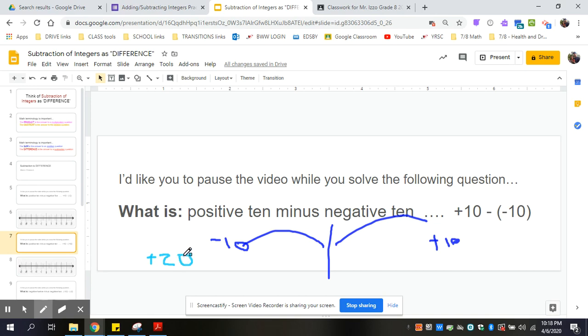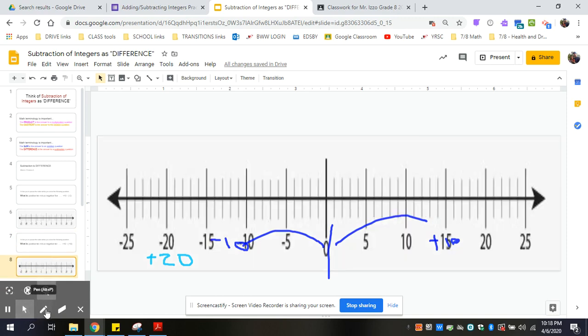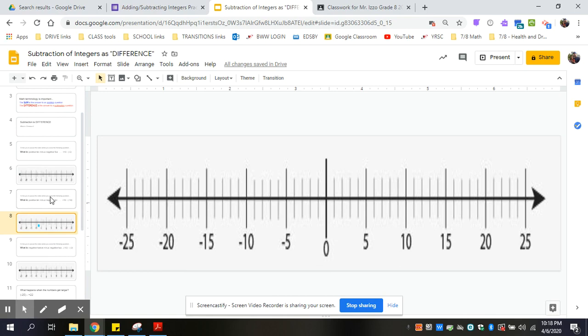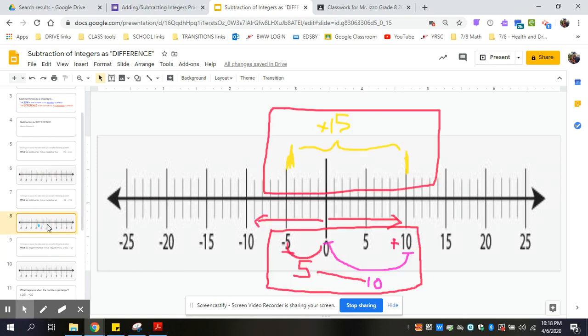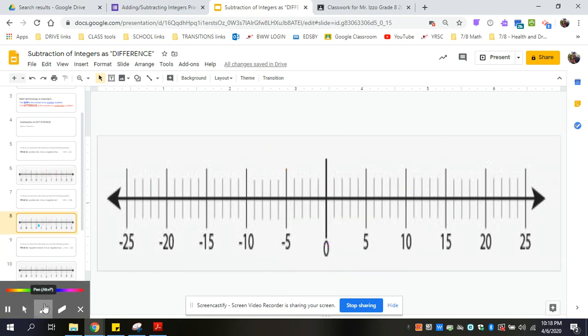I have a positive 10 drink, it's hot, and I'm taking away 10 ice cubes to make it hotter. It's going to give me positive 20. Let's look. Oops, sorry, I went to the wrong slide here. Where are we? Yeah, there we go. So we started at positive 10, and then we are subtracting negative 10.